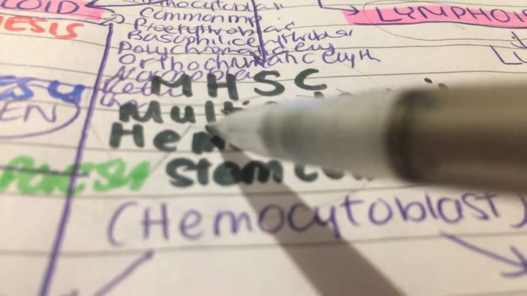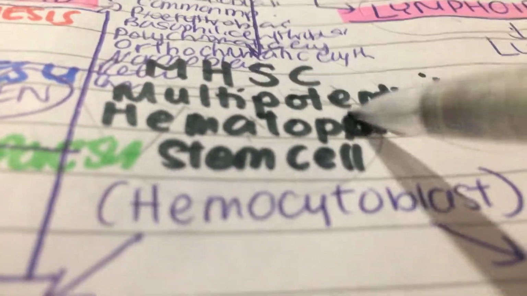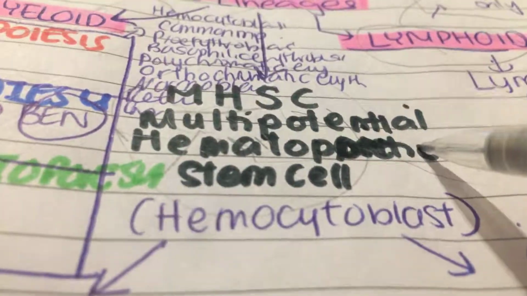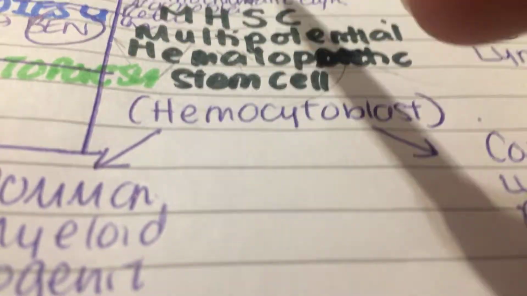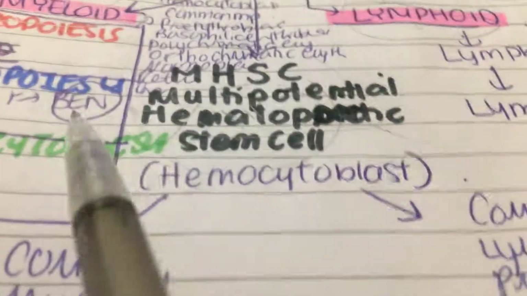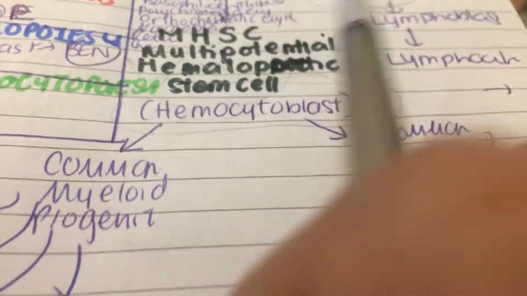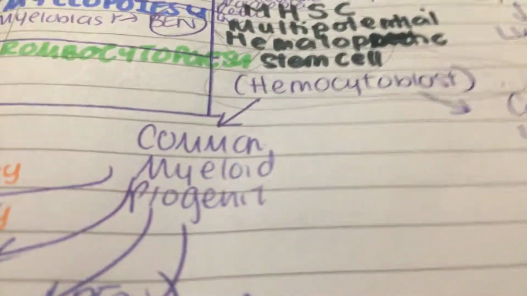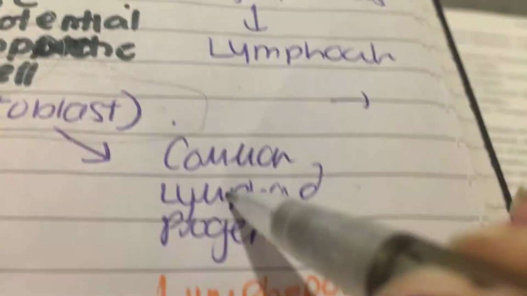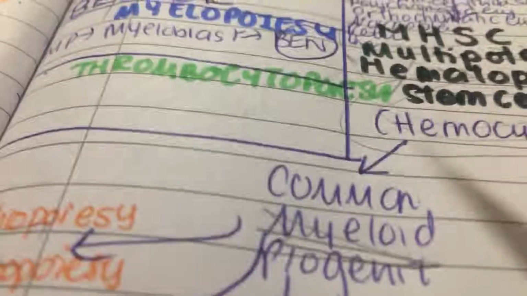So, multipotent or pluripotent hematopoietic stem cells, PHSC, give rise to something called hemocytoblast. Hemocytoblast gives rise to something called a common myeloid progenitor, sounds like a virus name, or a common lymphoid progenitor.